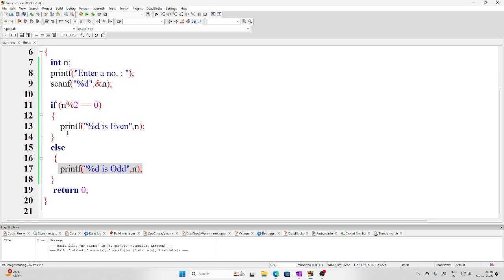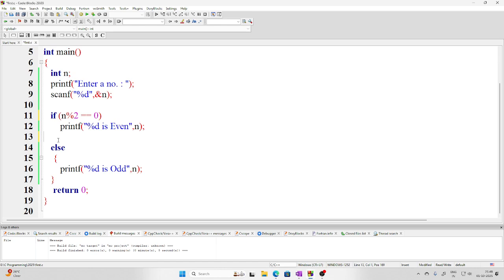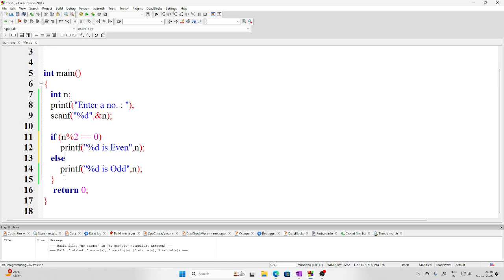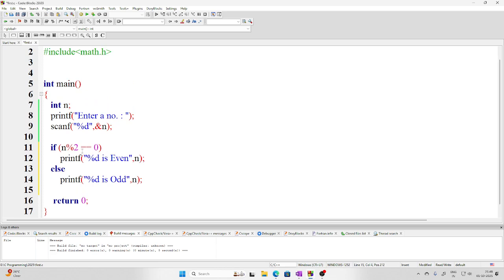It's okay: if you have only one statement, you can skip them, because whatever is just after it will be considered part of the if. But if you have more than one statement inside, then you have to bundle them within flower brackets. The same thing you have to do with else.